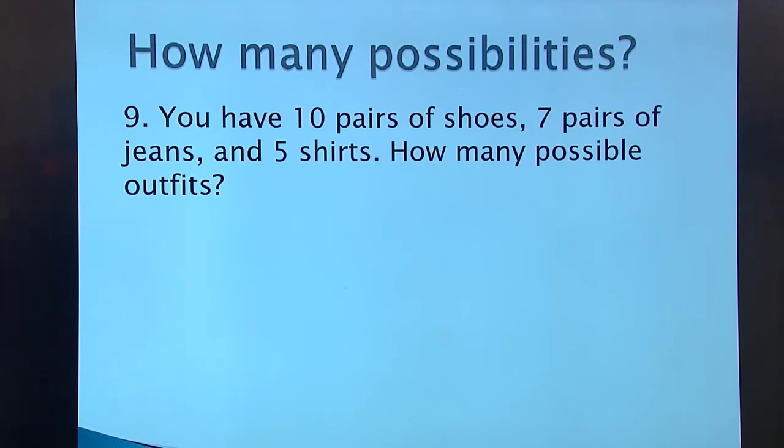And this is mainly for women because they like carrying many clothes when they go for vacations. So you have 10 pairs of shoes, 7 pairs of jeans, and 5 pairs of shirts. How many possible outfits can you get from this? You cannot wear 10 pairs at the same time.